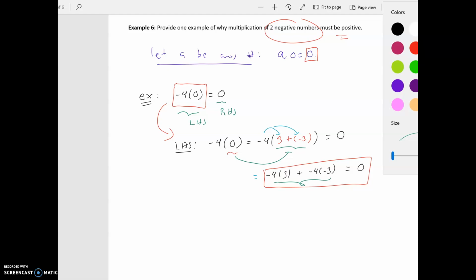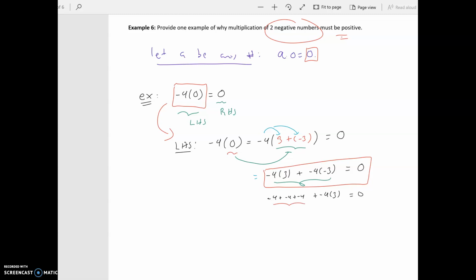If you use repeated addition, -4 times 3 is -4 plus -4 plus -4, which is equal to -12. So this is -12 plus -4 times -3, which has to equal 0.